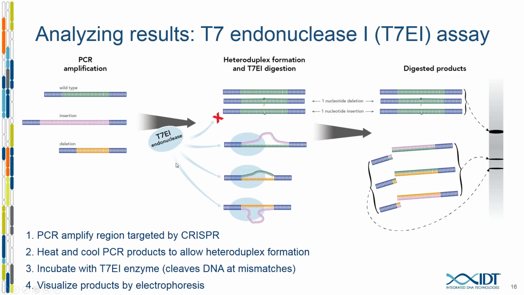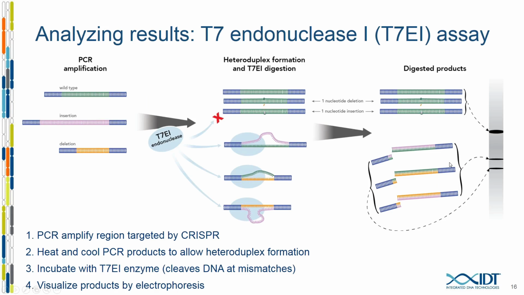And those are the substrates for the T7 endonuclease 1 enzyme to cleave that double-stranded DNA, providing you with digestion products that can be run out on a gel, capillary electrophoresis system, or fragment analyzer. And you should have predictable products where you can see a full-length band and then compare it to the amount of the digested products to have an idea of how much editing has occurred in those samples. So this is a very simple assay.